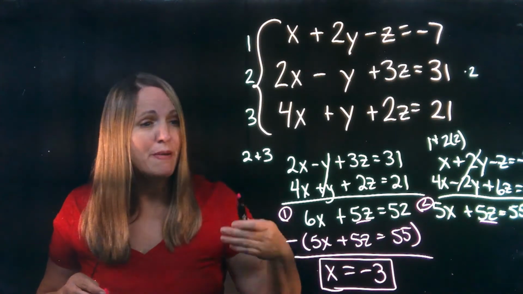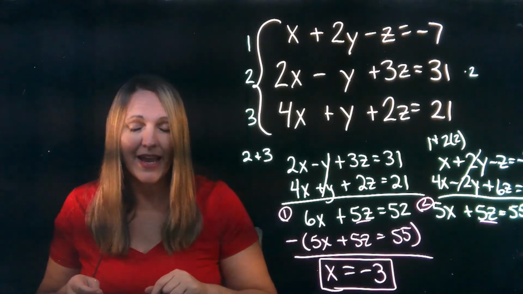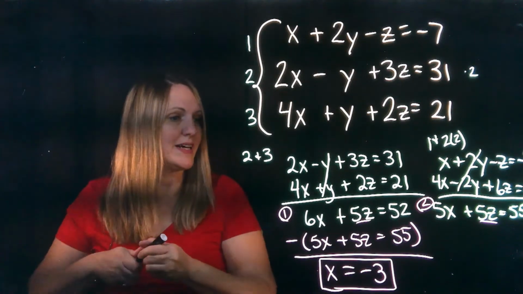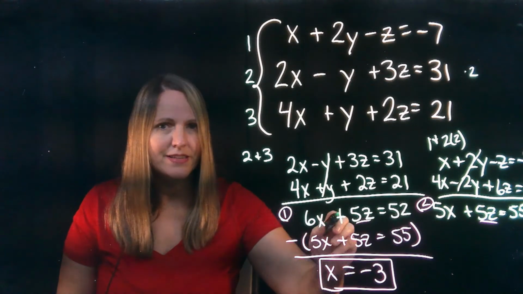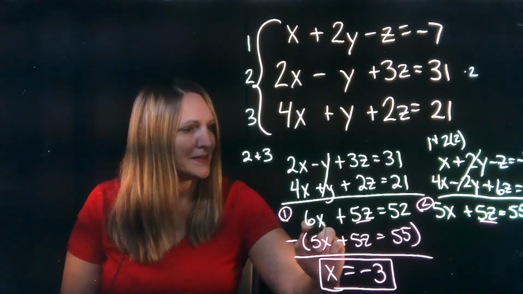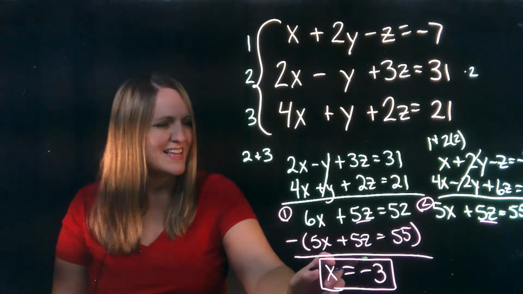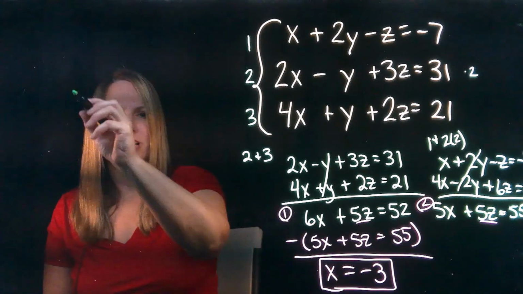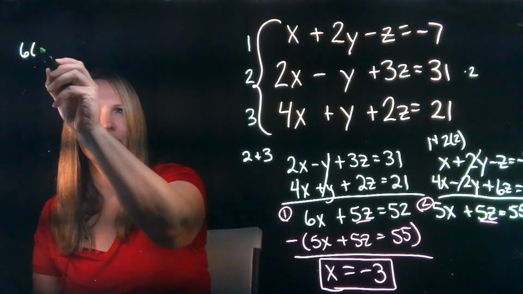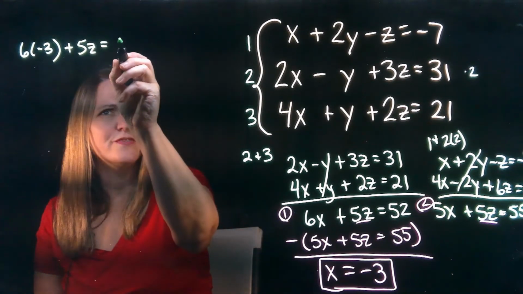Now I'm going to work backwards and substitute this value in to find my y and z. Let's start with finding z, because that's what I have these two equations set for. Now that I know what x is, I can plug it in. I'm going to plug in x to be -3 in my new equation 1. So 6 times -3, plus 5z, will equal 52.